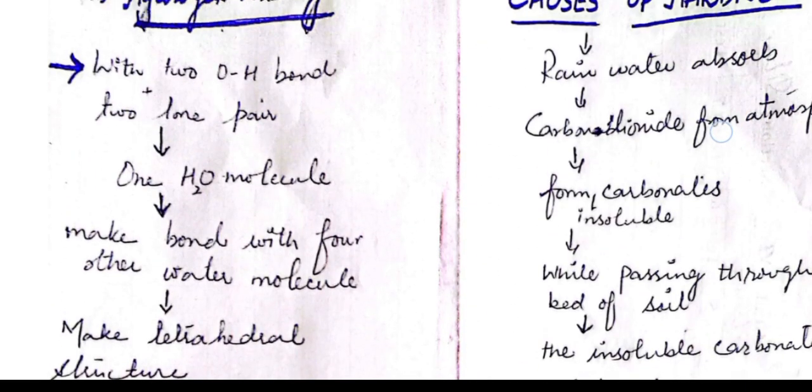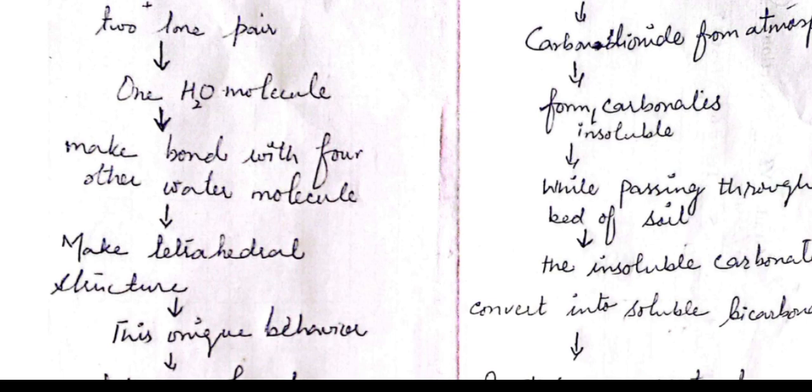Now the question is, what are the causes of this hardness? Whenever rainwater comes down, it absorbs carbon dioxide from the atmosphere and forms insoluble carbonates. These insoluble carbonates convert into soluble bicarbonates whenever the rainwater passes through the bed of soil.